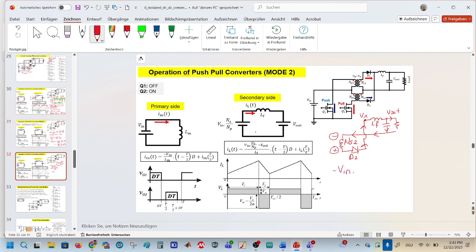It was minus. This was the voltage on the secondary side of the transformer. This is this portion here.